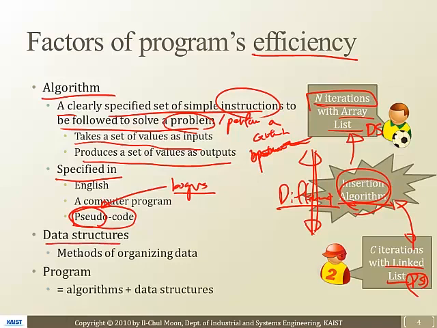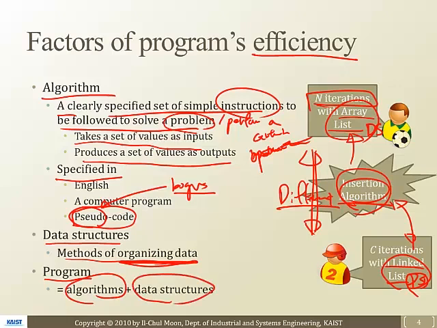So data structures are methods of organizing data, right? And array list and linked list are ways of organizing data, and we have seen this in week 3 and week 4, where much of the issue was how to store and organize data. And actually, our programs are really two things. One thing is the algorithms, and the other thing is the data structures.